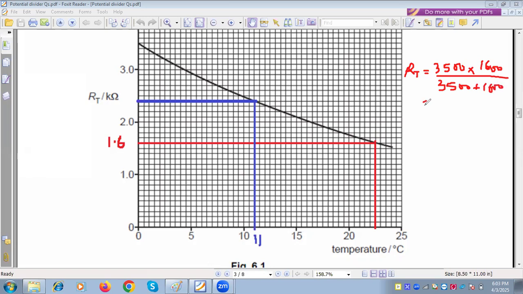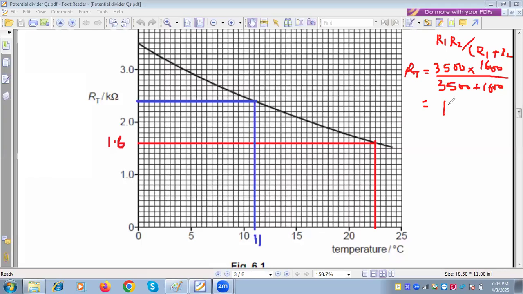In this case, you don't need to take the reciprocal because we have used R1 into R2, when two are in parallel, divided by R1 plus R2. So the answer is 1100 ohm.